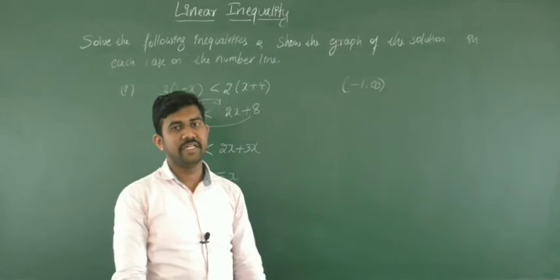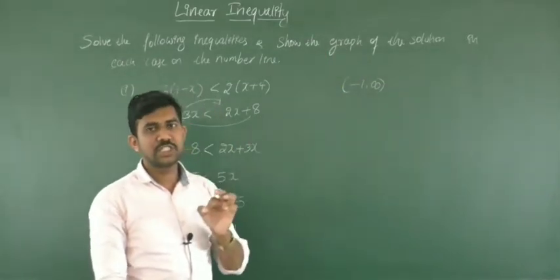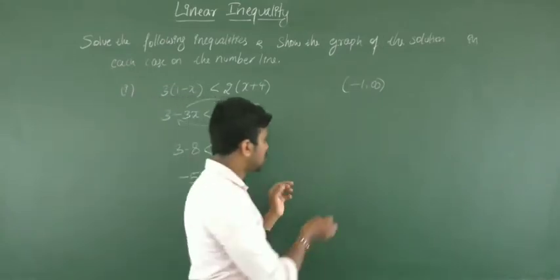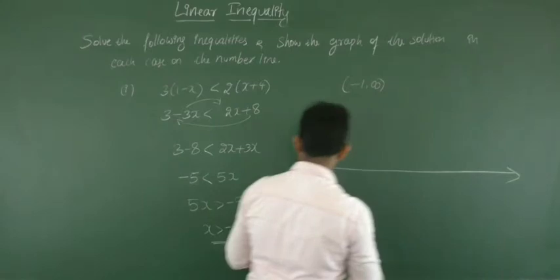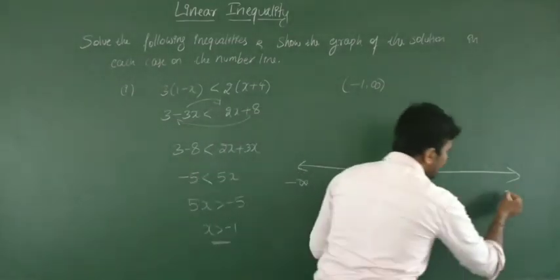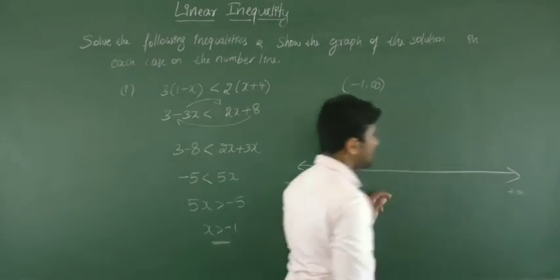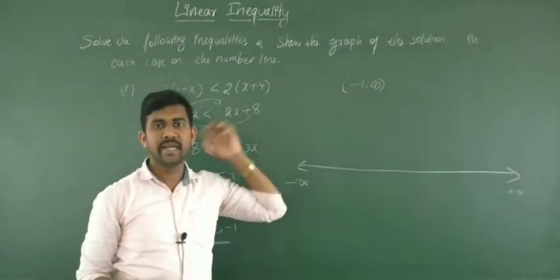Now to show the graph of the solution on the number line, first we have to consider the number line. This is the way we consider the number line, from minus infinity to plus infinity. Now we have to mark the points on the number line such that we need minus 1.